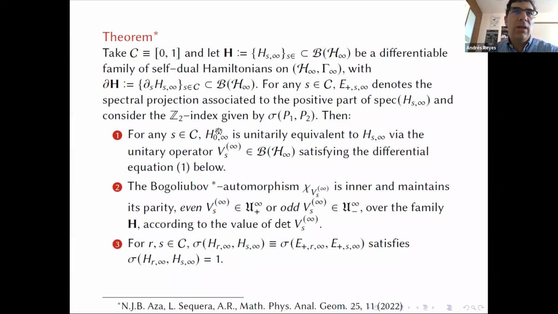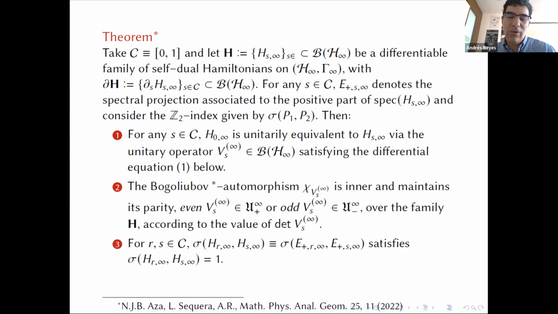So, the idea is that if we start with the Hamiltonian, for instance, corresponding to the starting point of the path, then one can construct a unitary operator that connects this one to the Hamiltonian at the point S. Now, you will see in the third part of the talk that these operators somehow resemble what we do when we compute geometric phases, because what we have there is a path of Hamiltonians.